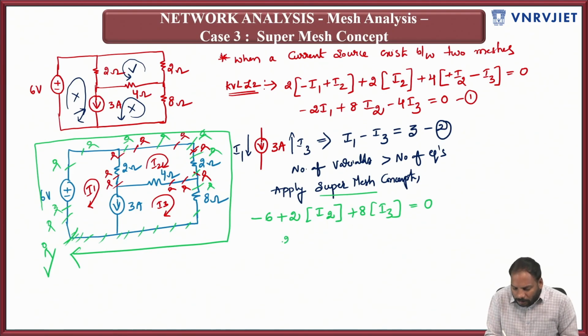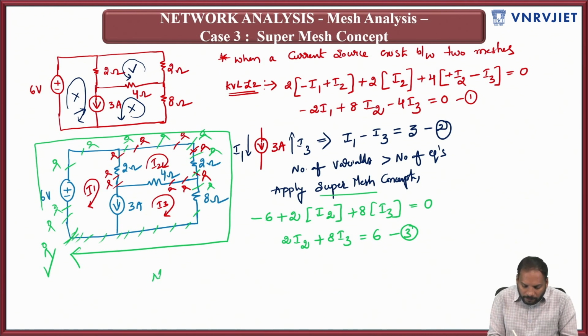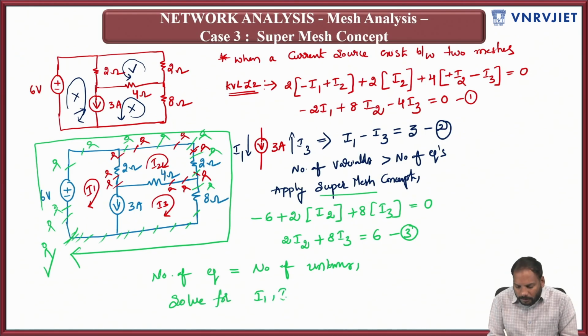Rearranging the terms, 2I2 plus 8I3 is equal to 6. This is equation 3. So the number of equations is now equal to the number of unknowns. Then you can immediately solve for I1, I2, I3.